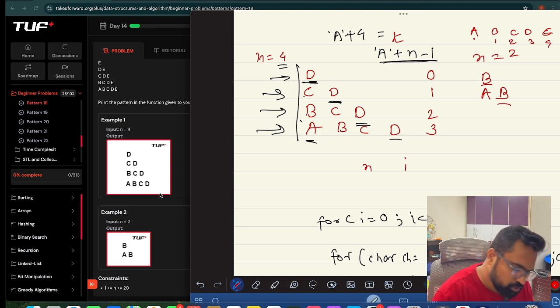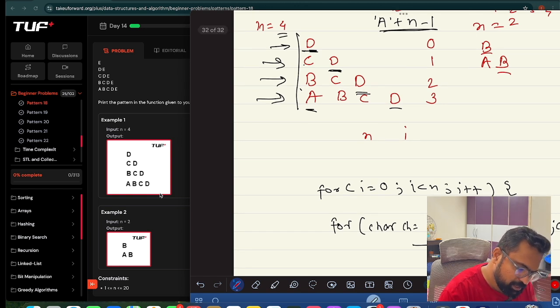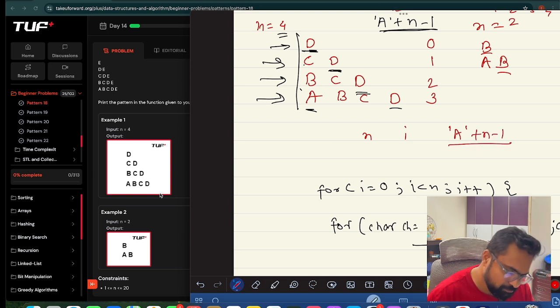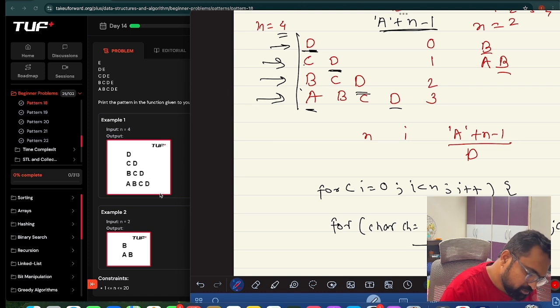Let's say we have this formula, A plus n minus 1, which gives you D. In the first case we want to print only D and i is 0. So can we say D minus i? Yes, it will give you D.